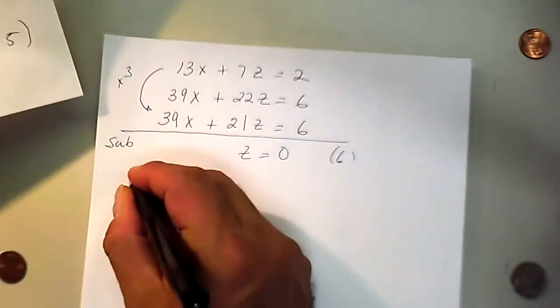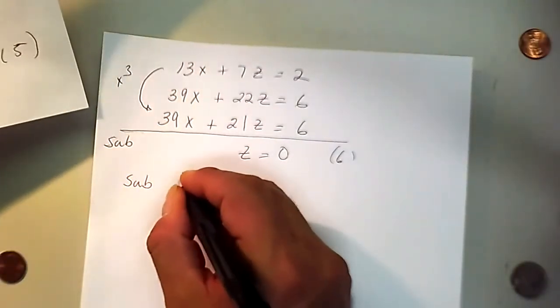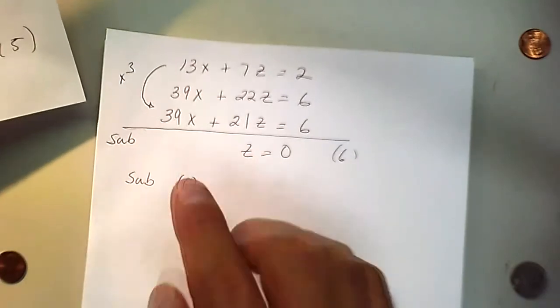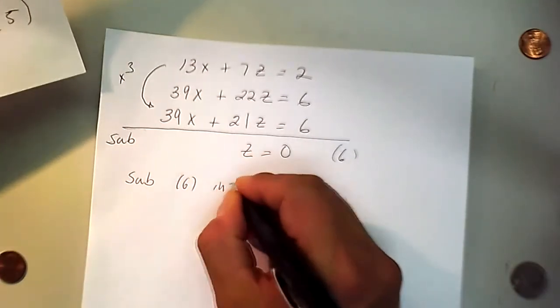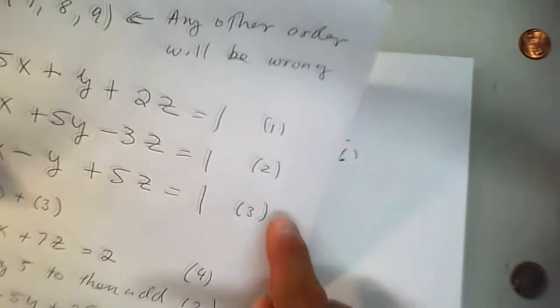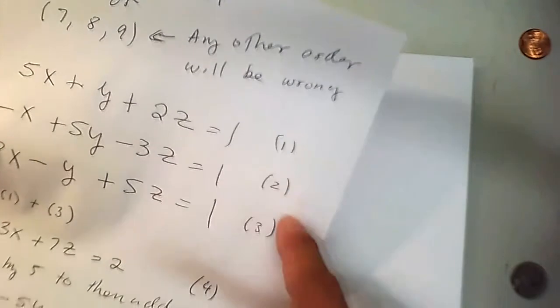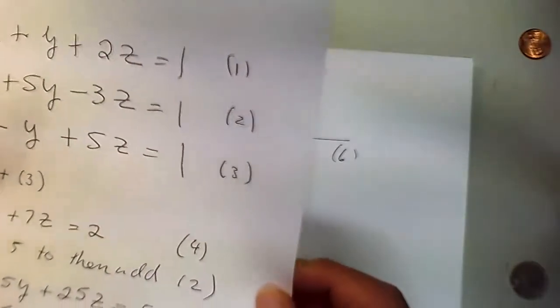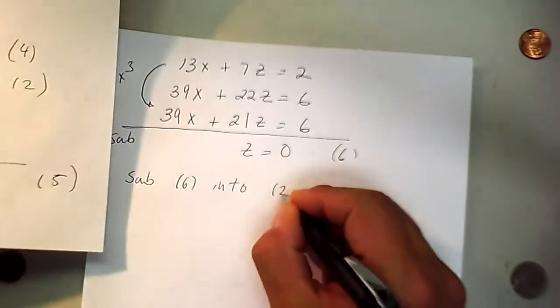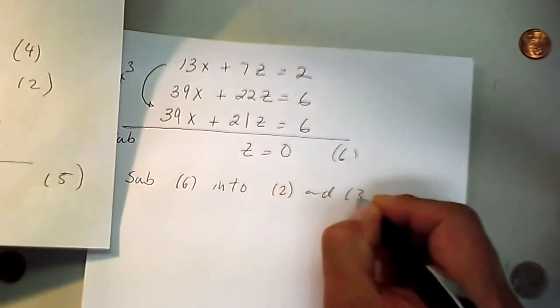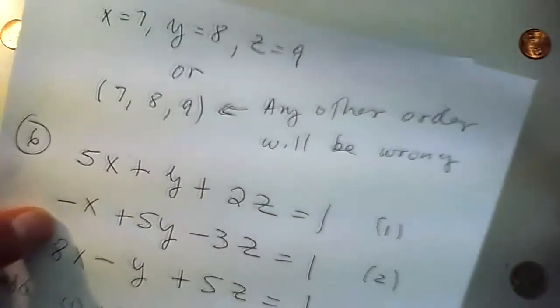We're going to substitute equation 6, which means this z equal to 0, into equations 2 and 3. Although you could have done it 1 and 2 or 1 and 3. It doesn't matter. Just two of them. Because then we have a nice system of equations.